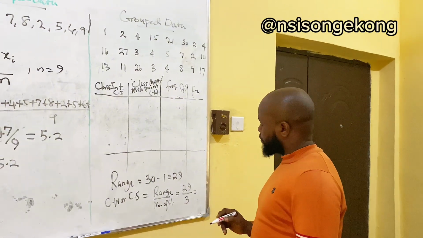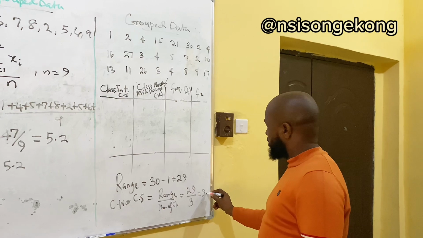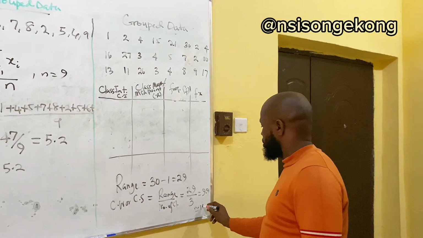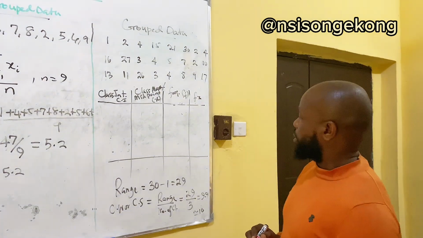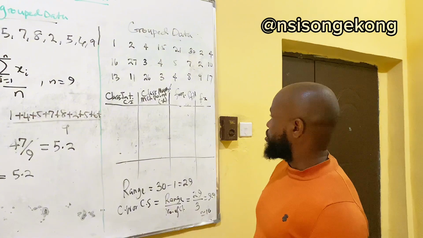This is about 9.9, which would be approximated to 10. So it means that each class will contain 10 entries.